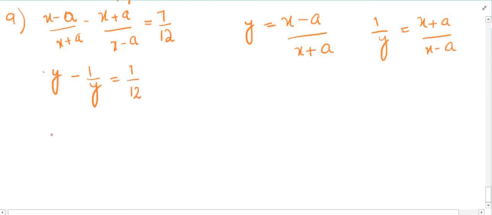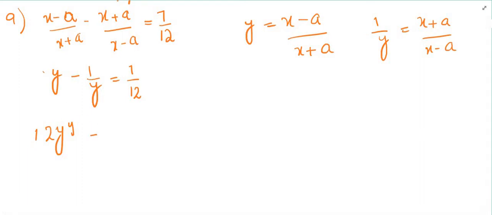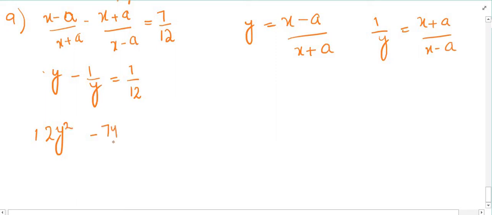Just take LCM on both sides, you will get the quadratic equation, which is 12y square minus 7y minus 12 equals 0.